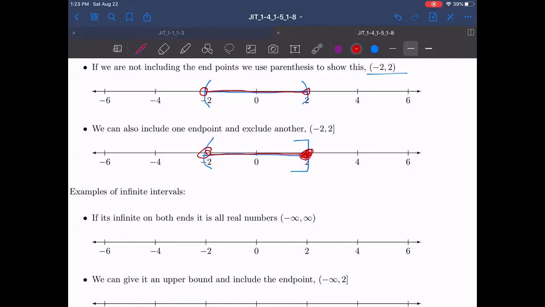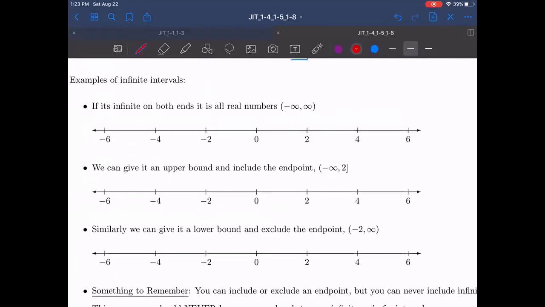So those are finite intervals. We can also have infinite intervals. And it can be infinite on both ends. If that's the case, then it's just arrows, and the whole number line goes from negative infinity to positive infinity. We can give it an upper bound and include one endpoint.